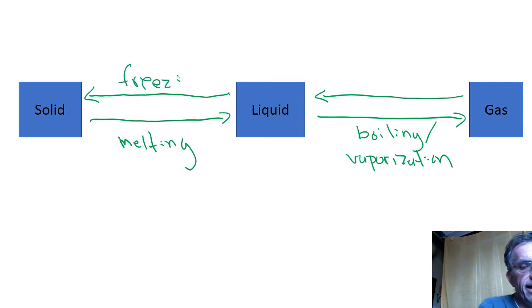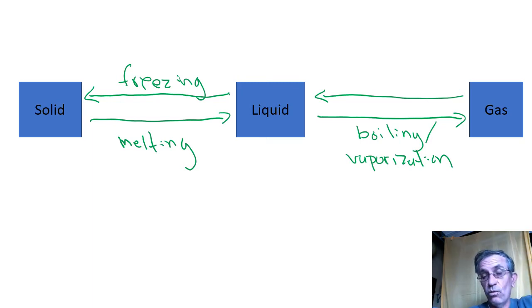Now, what about if you take a gas and turn it into a liquid? Maybe that doesn't happen too much in your everyday life, but it does happen outside all the time. There's moisture in the air, water vapor in the air. And that water vapor, if it hits something cold like your car, will turn into liquid water.